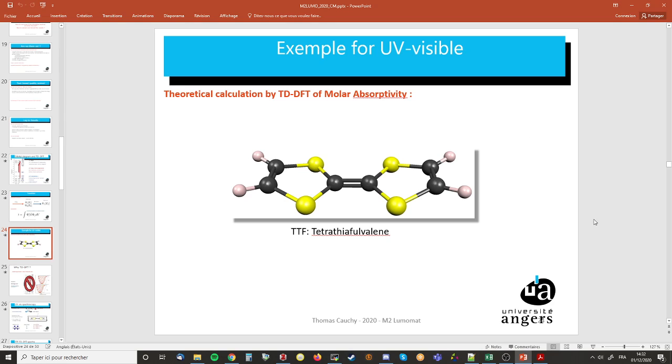Depending on the redox state, you need a counter anion, and usually we use the TCNQ, for example, tetracyanoquinodimethane.